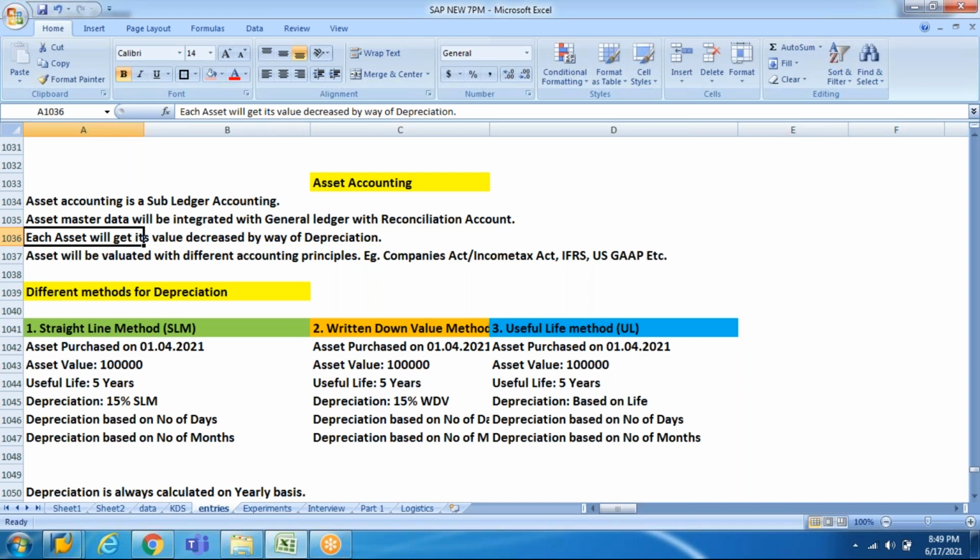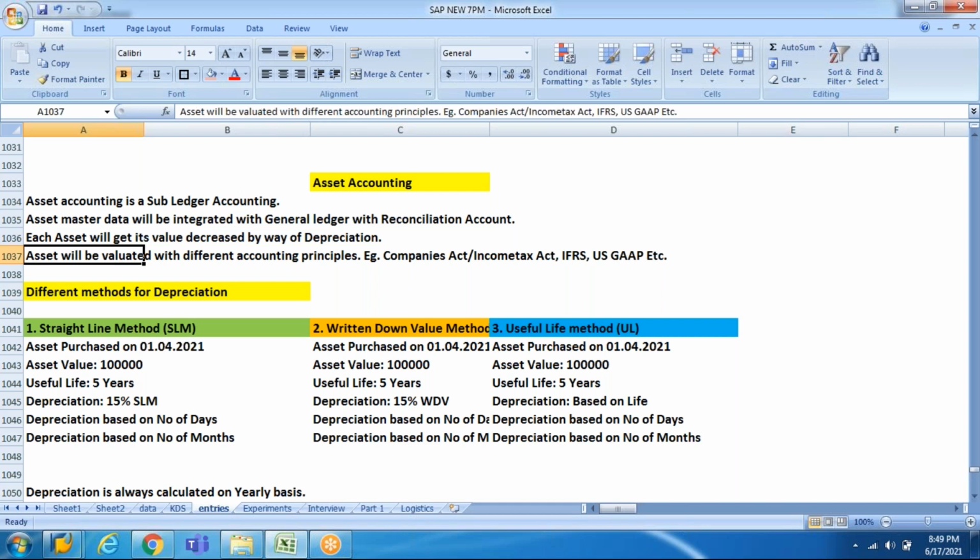So if you eliminate the land, whatever asset we have will get its value reduced by way of depreciation. How depreciation is calculated and how the asset values are calculated is what we have to understand from asset accounting.